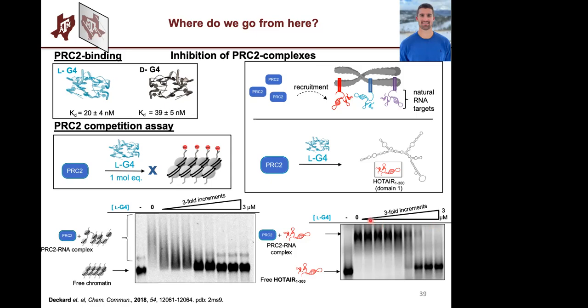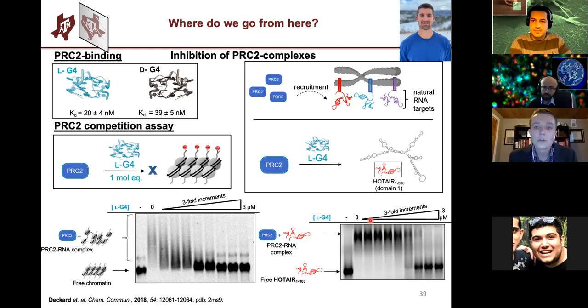So this just shows that even though a lot of these interactions are very stereospecific, we can find examples and exceptions that make the rule almost, if you will, through this G quadruplex binding.